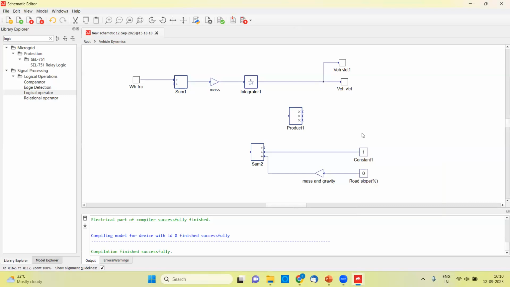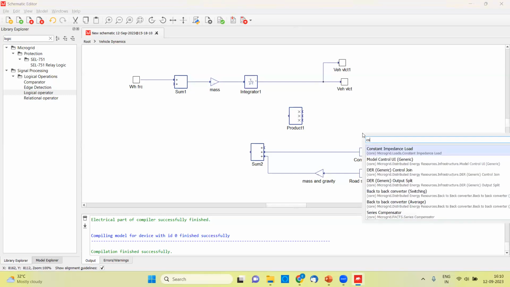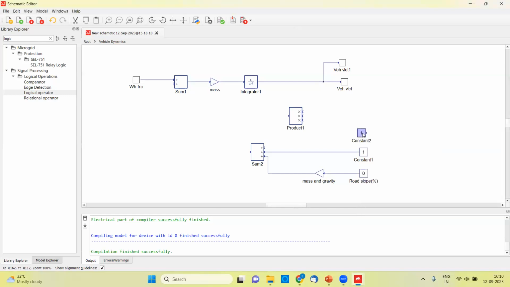Third, what we are considering over here is, again, I'm taking a constant, and that is the aerodynamic resistance which I'm going to use. So I will just name it so that there is no confusion. Rolling resistive force. And then this is aerodynamic coefficient.